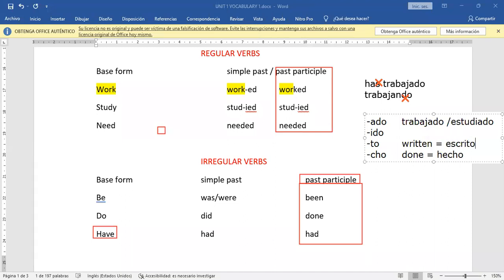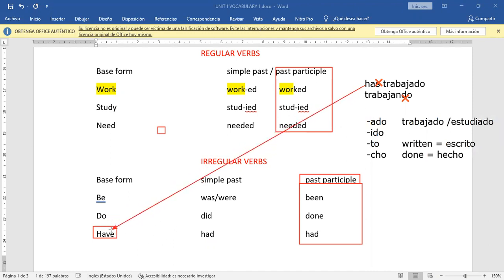Wrote. Written is the past participle. That is past participle: trabajado, estudiado, escrito, hecho, in Spanish, if you want to understand in Spanish. Okay? Where is has? Has is have.